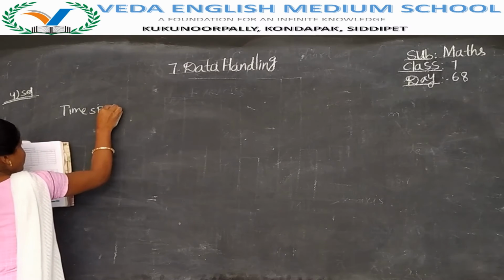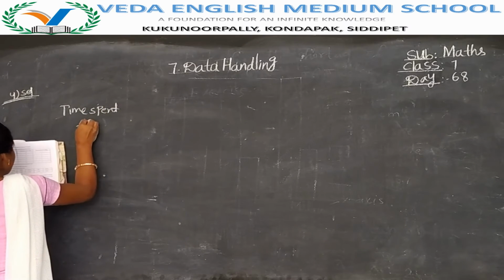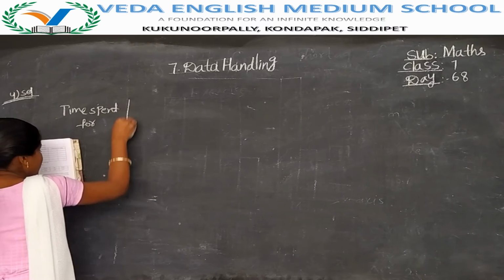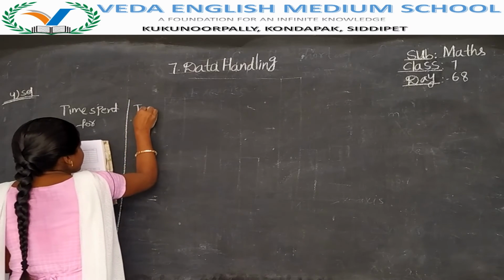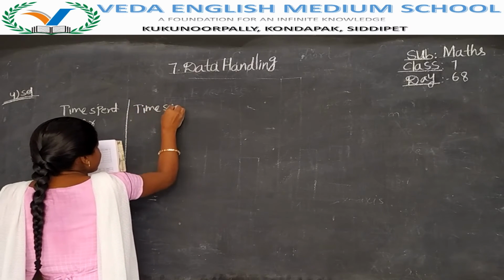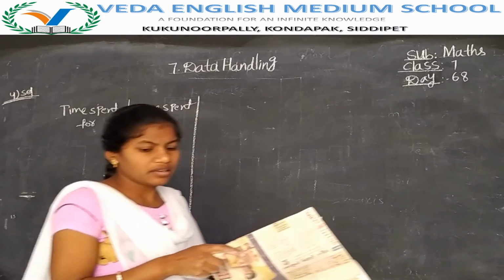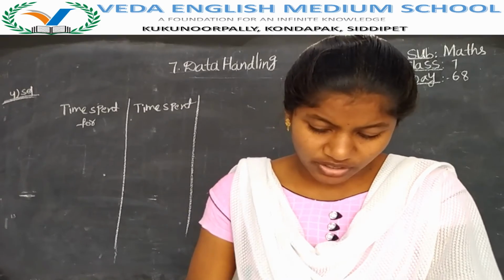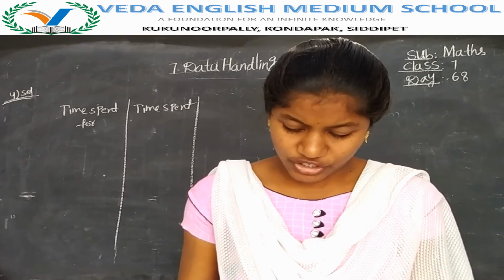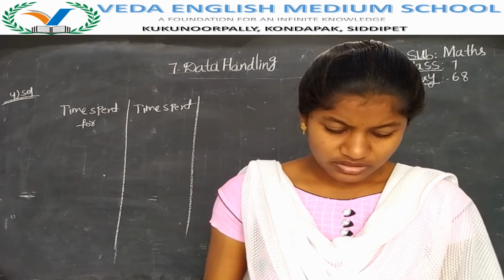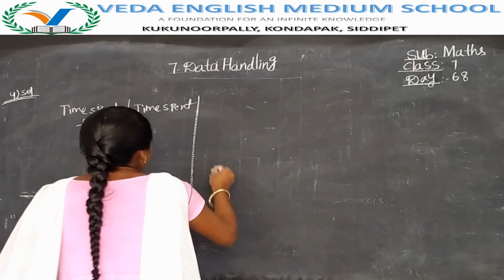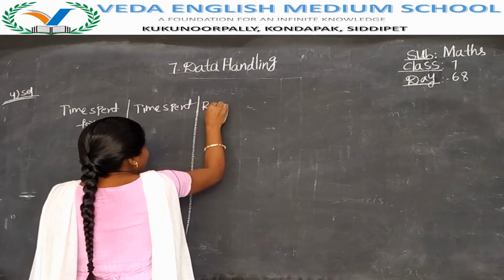Time spent, angle. Here you have to write ratio and angle. Ratio we have to find and angle we have to find.